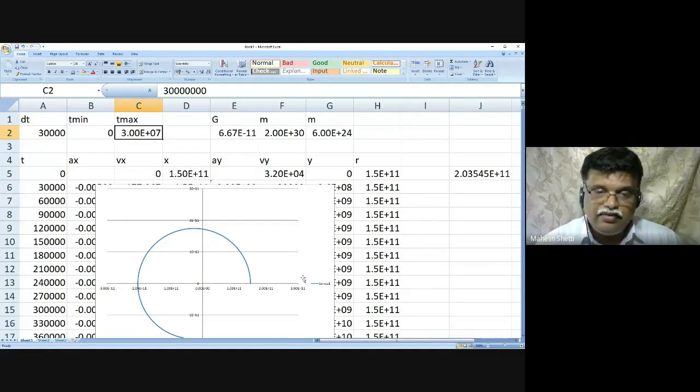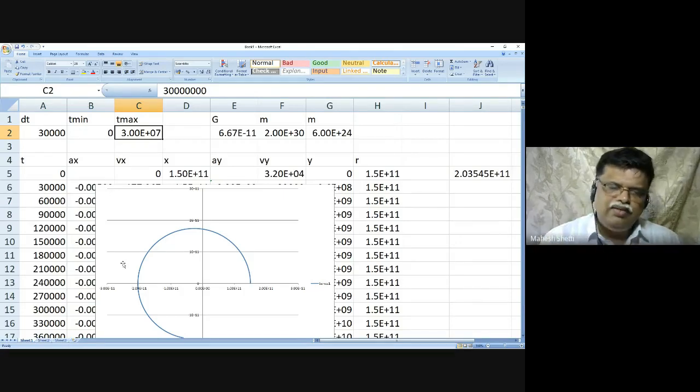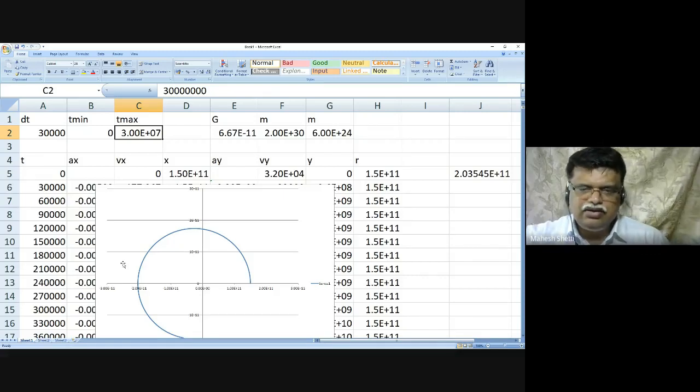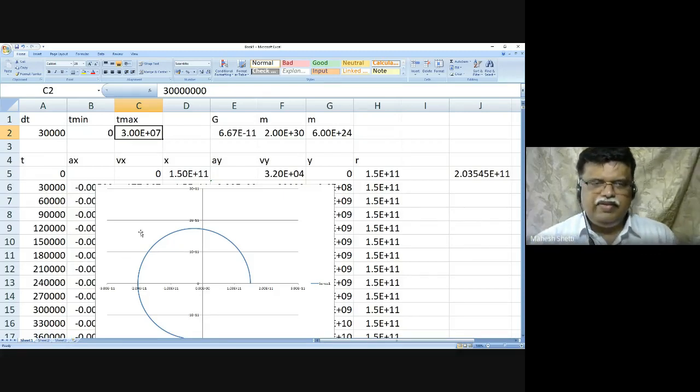I'm saying this because you have given initial position, initial velocity, so you don't know exactly where the aphelion position is lying. Otherwise, if you calculate the time up to the aphelion position, then you know that double that time it will take to come back. But the best way in such a situation is just go on increasing the T max value and see when it touches back the original point. So that will give you the time period.